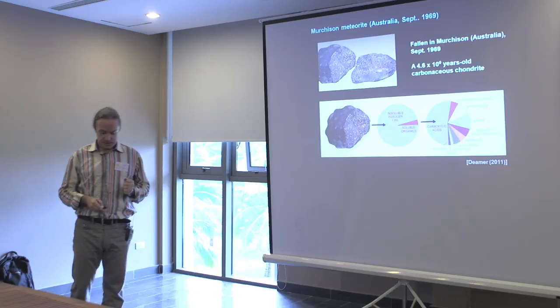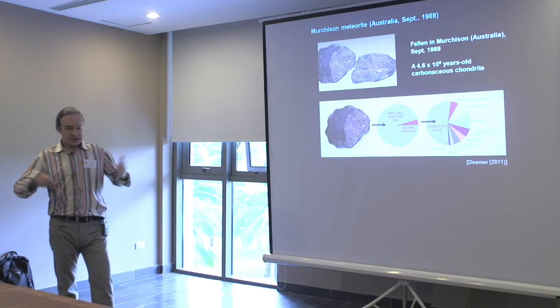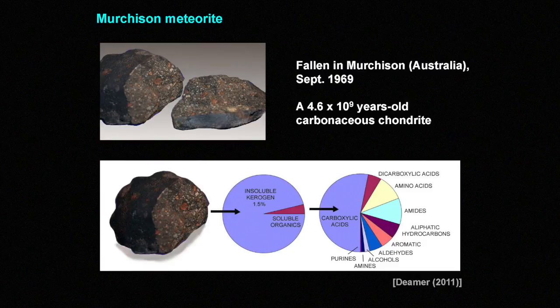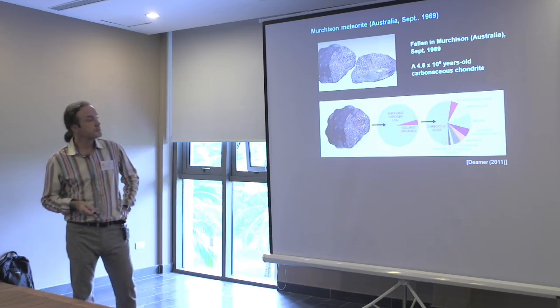What was interesting, because the experiment was very popular at the moment, of course, but it was very interesting that 16 years later, the Murchison meteorite, carbonaceous chondrite, fell in Murchison, that's why the name, in Australia, and when scientists analyzed the organic material in this meteorite, they found amino acids, amides, aromatic compounds, aldehydes, a plethora of different molecules that life uses. Okay?